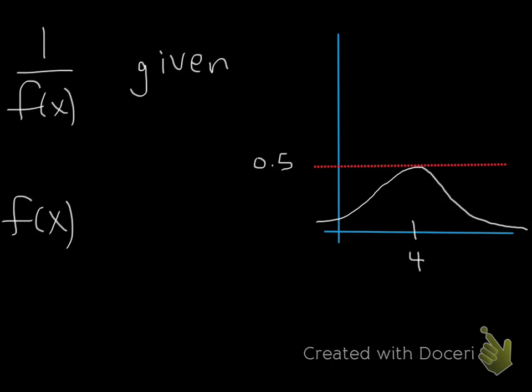So this means that there's no invariant points. The second thing to note is that this graph is strictly positive. As it approaches this horizontal asymptote to the left and right, it never crosses 0, so it's strictly positive.